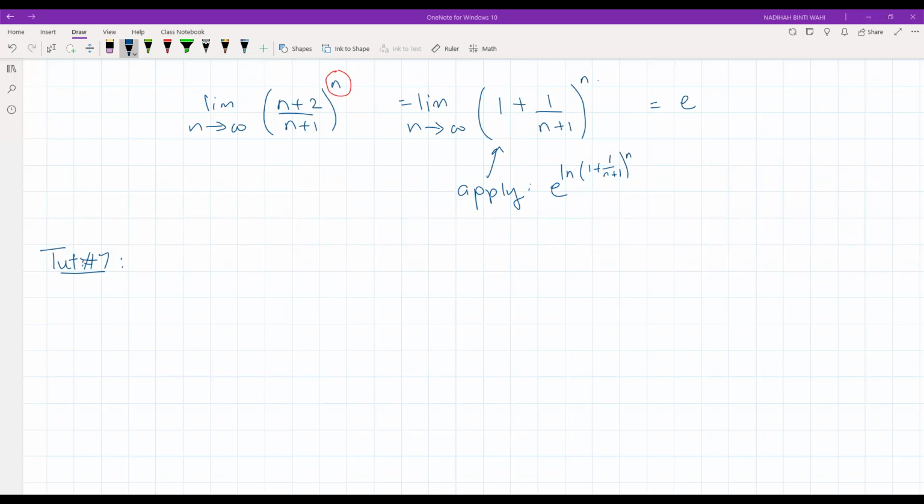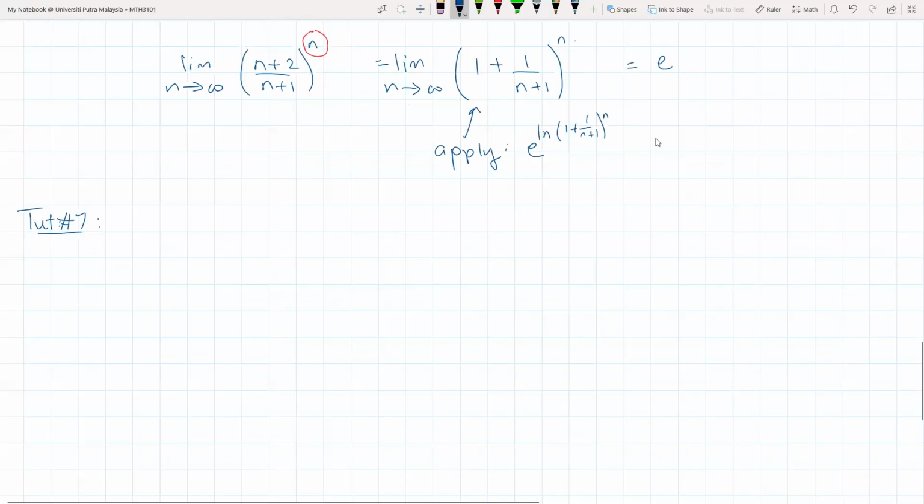Okay, and then you also have number 8 until number 11. You can see that the question is regarding Lagrange multipliers. Okay, so let's try to do number 8. Right, number 8.